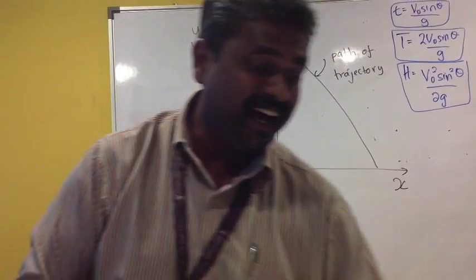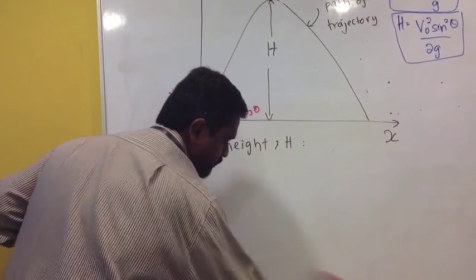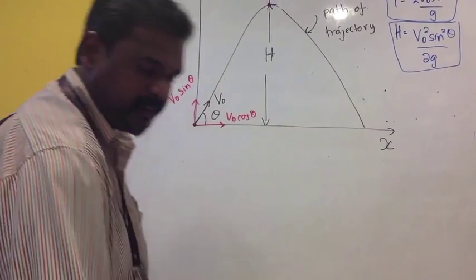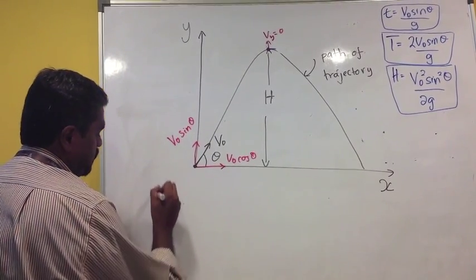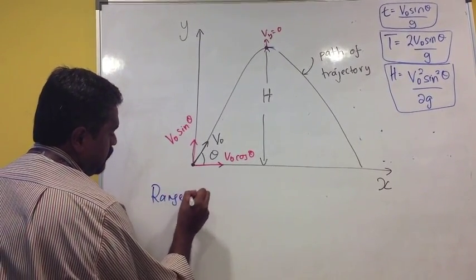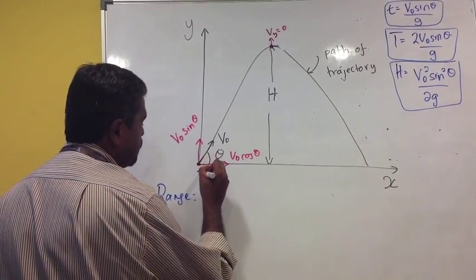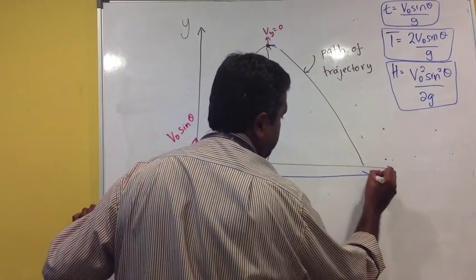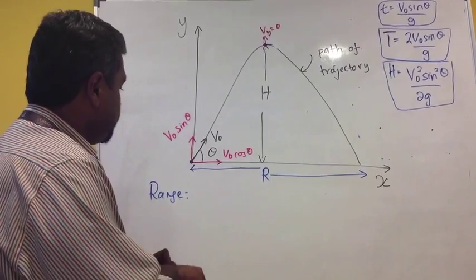Now let's go for the last thing that we need to find for projectile motion, and that's the range. What is the range? The range is the horizontal distance that is achieved by the object while it undergoes projectile motion.